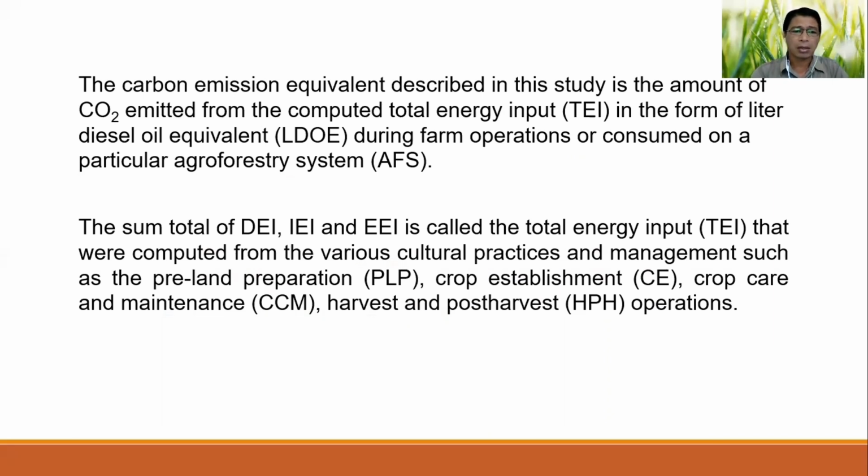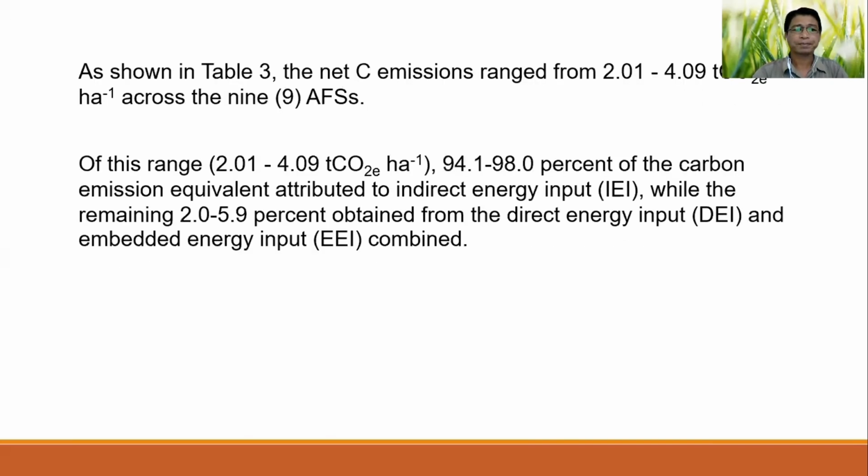The sum total of direct energy input, indirect energy input, and embedded energy input is called the total energy input that were computed from the various cultural practices and management, such as the pre-land preparation, crop establishment, crop care and maintenance, harvest and post-harvest operations.